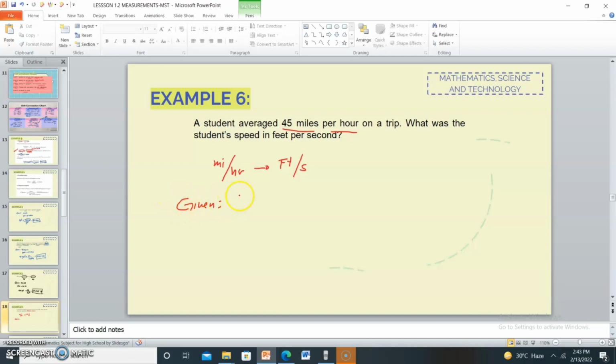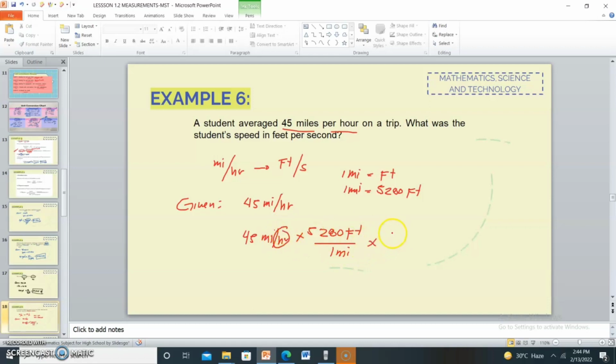Given: 45 miles per hour times, in 1 mile, equivalent to 5,280 feet over 1 mile. So, the next one is the hour.